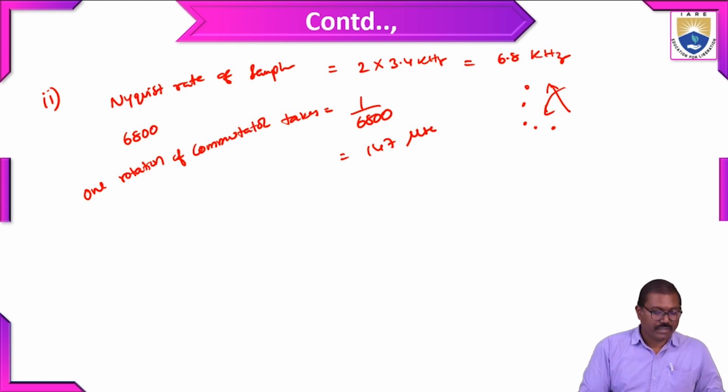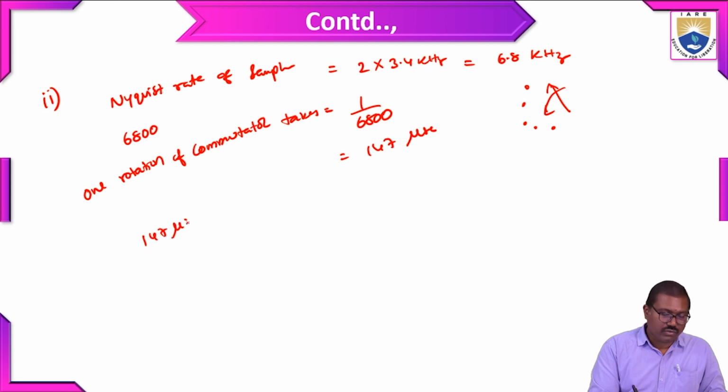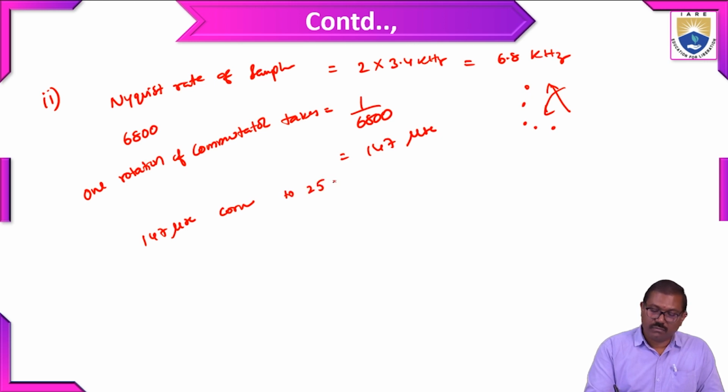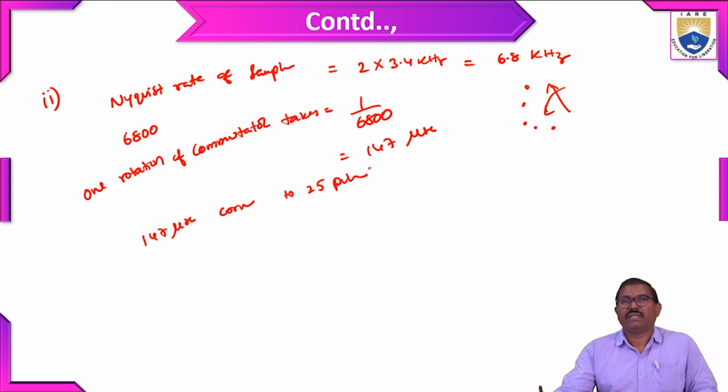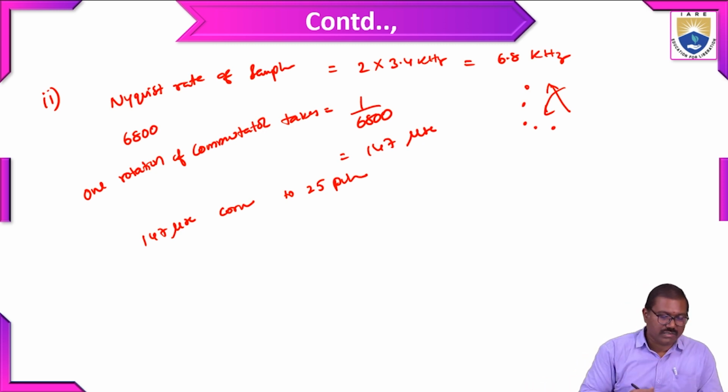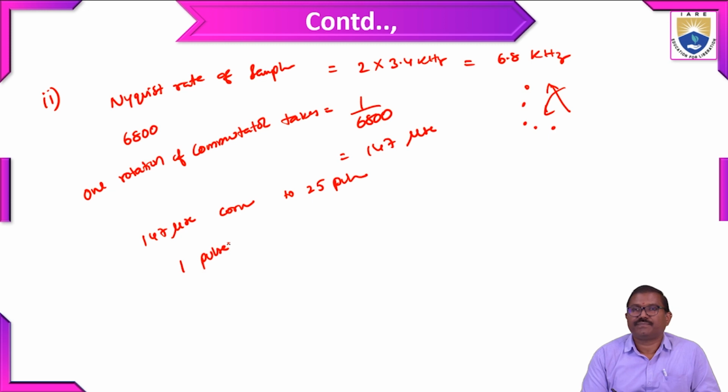Okay. So next, this 147 microseconds corresponds to 25 pulses. Why? Already in the first bit we took 24 plus 1 for synchronization. So for 25 pulses, one pulse corresponds to how much time?